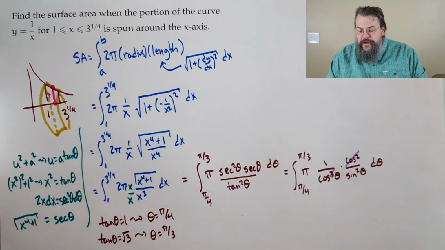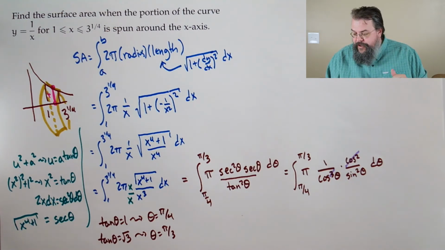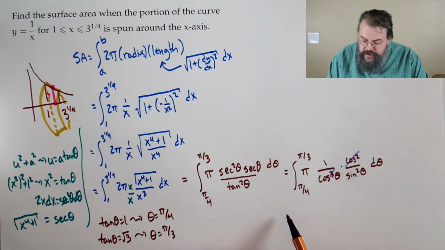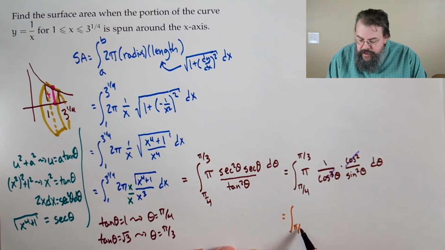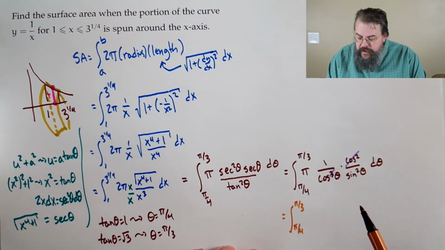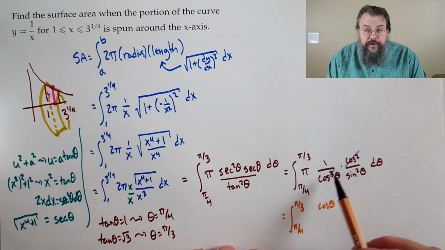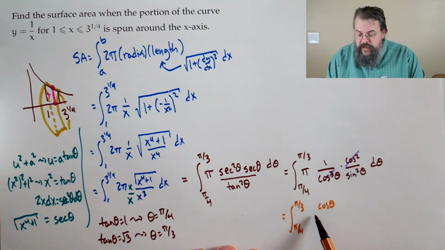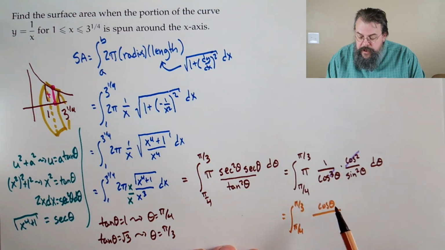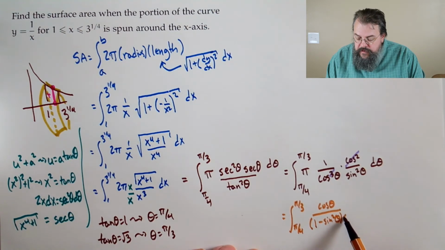In particular, we have cosine to an odd power. So this becomes equal to the integral from pi over 4 to pi over 3, and I can think of this as a single cosine. So I really got too ambitious. I shouldn't have canceled off all the cosines. And then downstairs, we could have done what? Well, it could be cosine squared times sine squared. That's 1 minus sine squared times sine squared d theta.